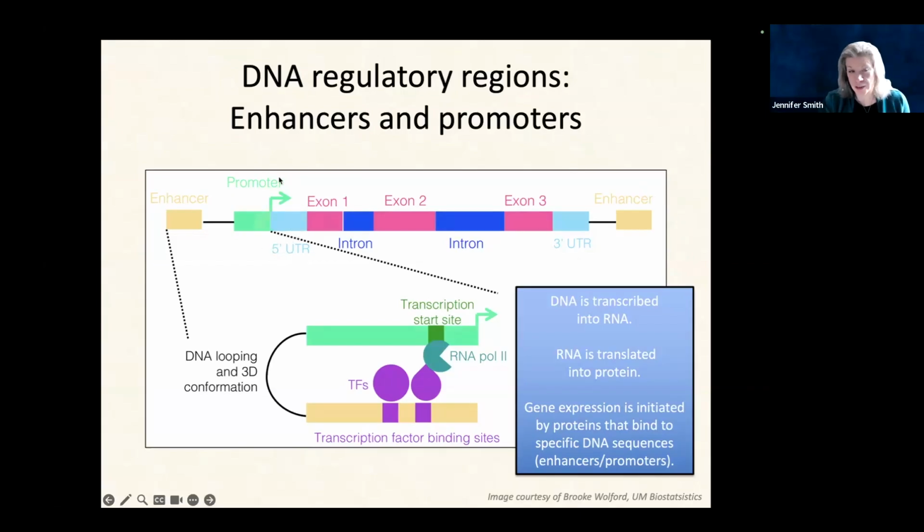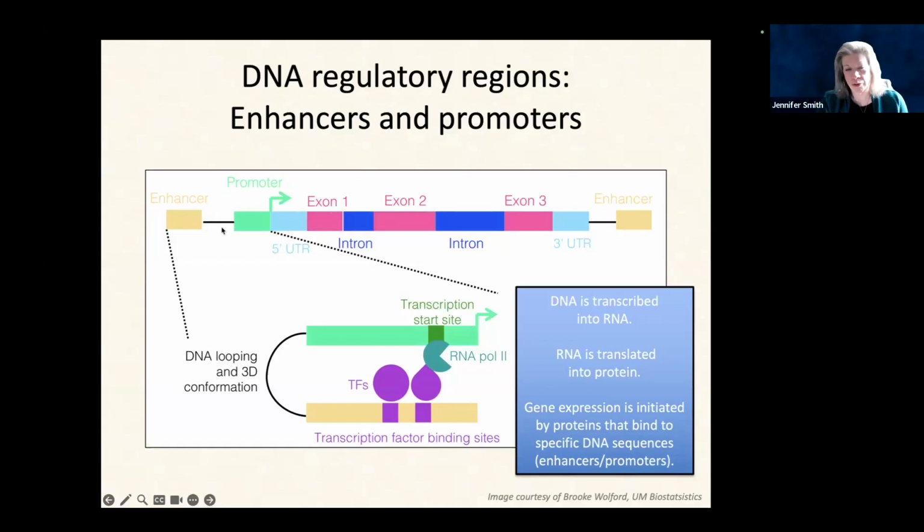So upstream, before the start of the gene at the 5' end, there's a region called the promoter, and that's where the machinery that transcribes the DNA into RNA is going to come sit down on the DNA, and it's going to start transcribing that piece of DNA into messenger RNA, right?